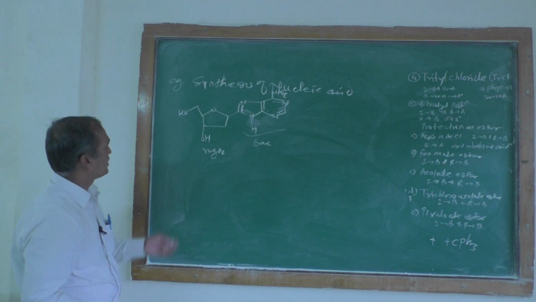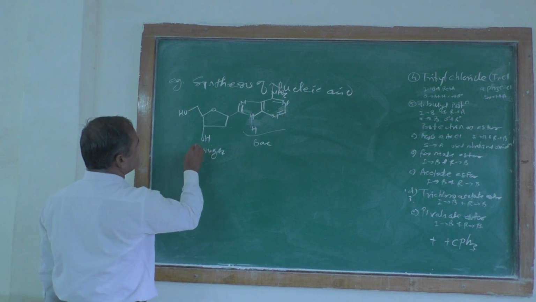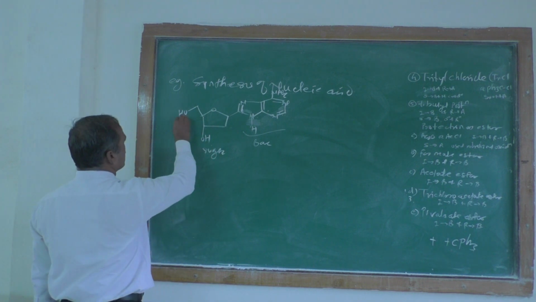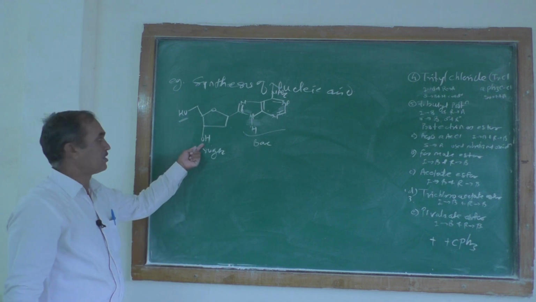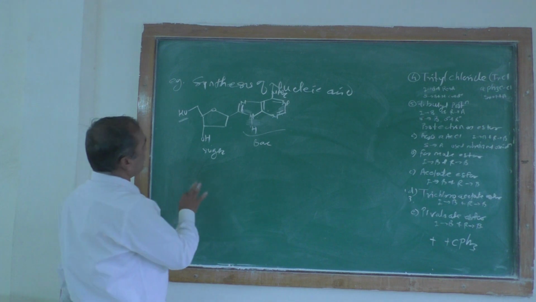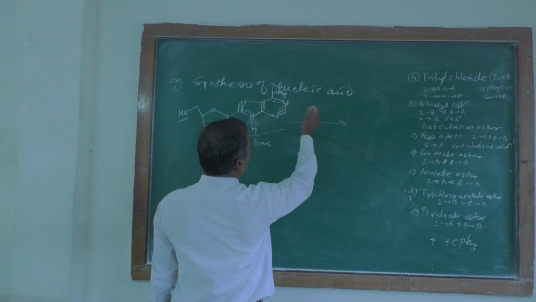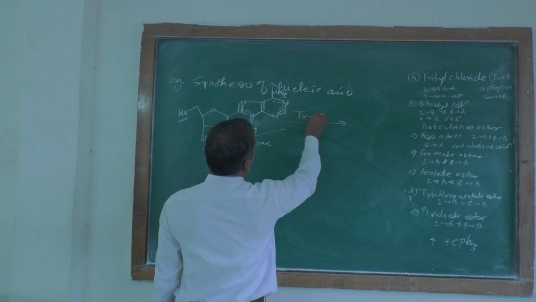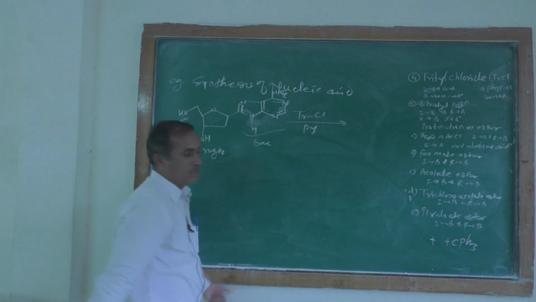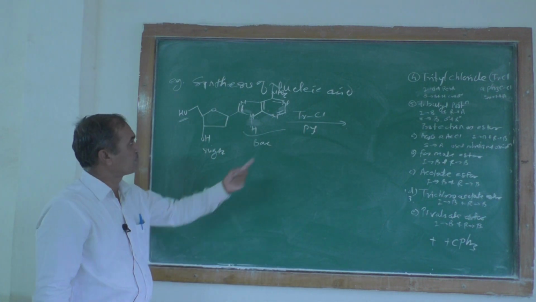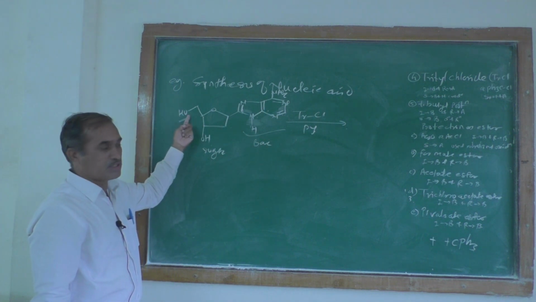Now look, there are two hydroxy groups here. This hydroxy group is a primary hydroxyl group and this is a secondary OH group. Now when it is treated with trityl chloride, TrCl, in the presence of pyridine, the function of pyridine is as a base which will abstract the acidic proton attached to the oxygen atom.